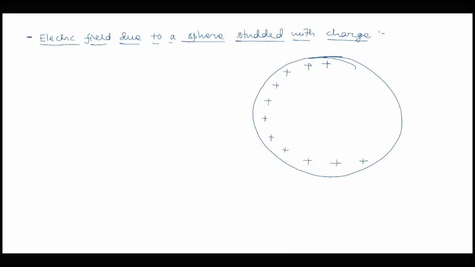In this case we will be using the value of rho, where rho is equal to charge per unit volume.